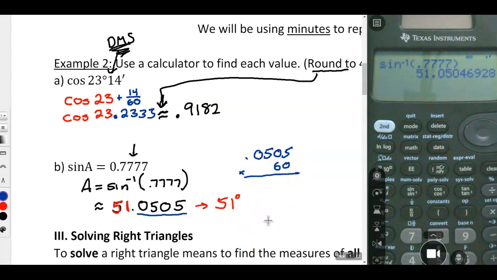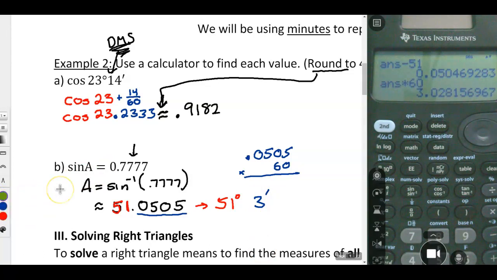I want just the decimal part, so on my calculator I'm going to subtract the red part, take off the 51, minus 51. All right, there's just the decimal I want to work with. Then I can multiply that by 60, and it comes out to 3 minutes.